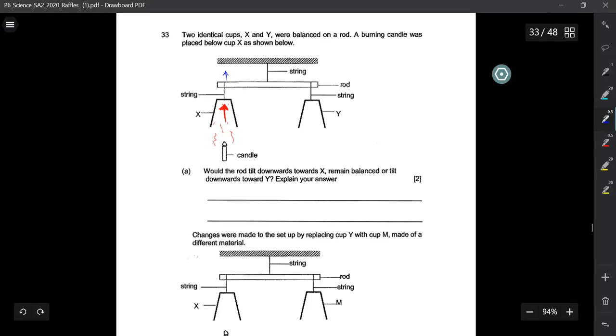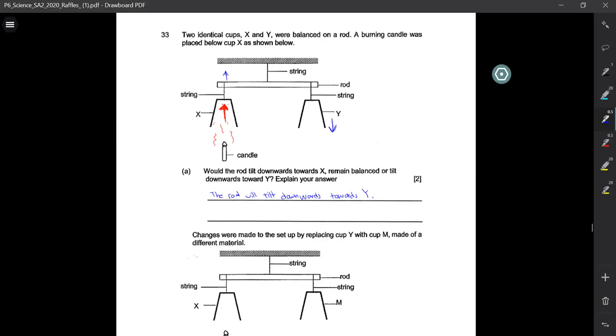And when the rod goes up that way, this will go down, right? So will it tilt downwards towards X or tilt downwards towards Y? It will tilt. So the rod will tilt downwards towards Y, right? And then explain your answer.